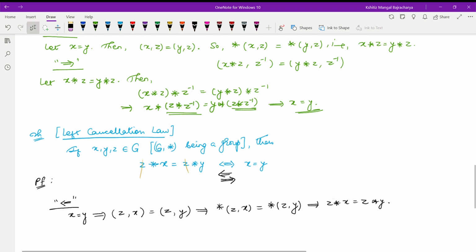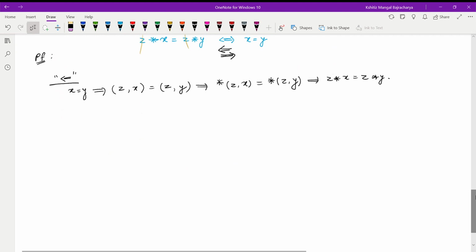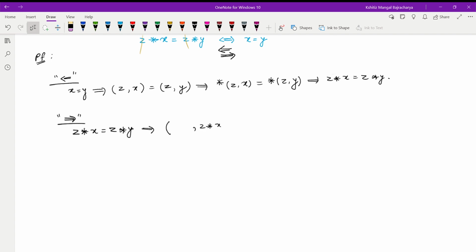Alright, now for this part, let's take z star x to be equal to z star y. Then, as before, these two ordered pairs will be equal, so star of these two elements will be equal.